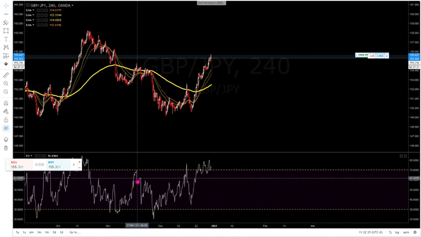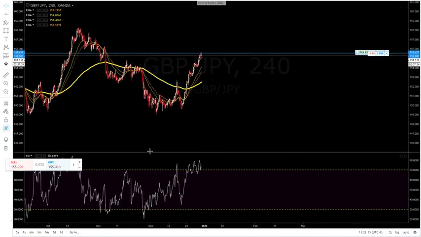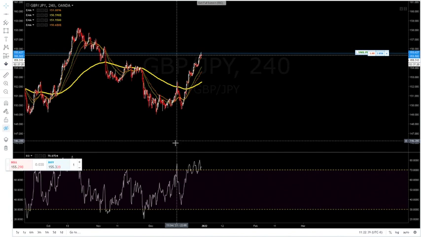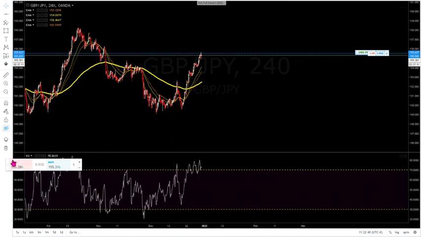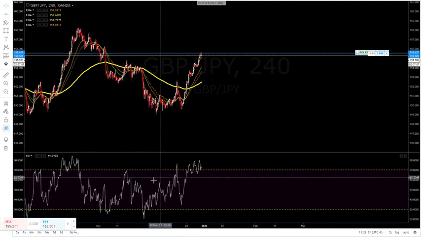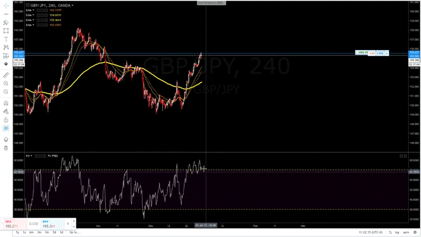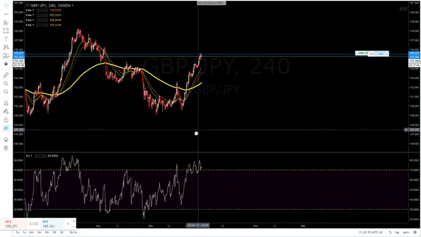Susan says, "What am I looking for?" I'm basically looking at price, which should match this. This is the RSI right here. Price should be matching this RSI perfectly. If not, you can see things happen before it actually happens.